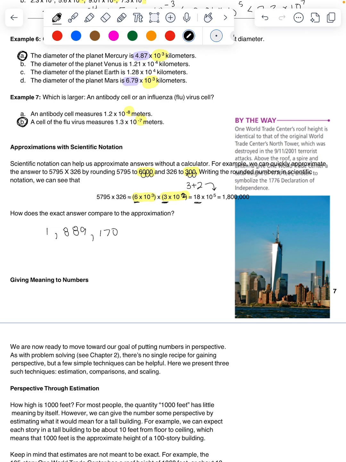So how do they compare? I mean, it's not exact, but it is very close. It's only 89,170 off, which, considering how large our number is, it's a decent approximation.